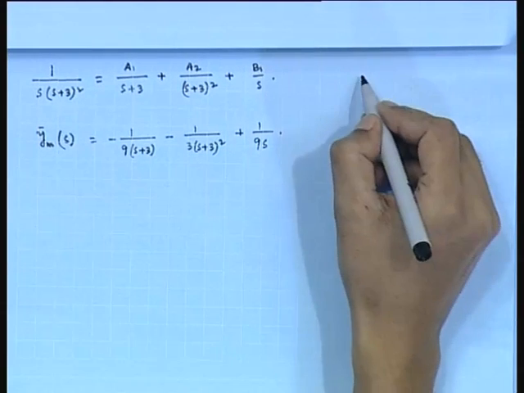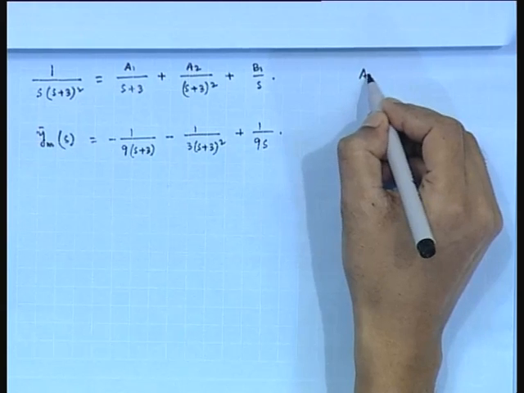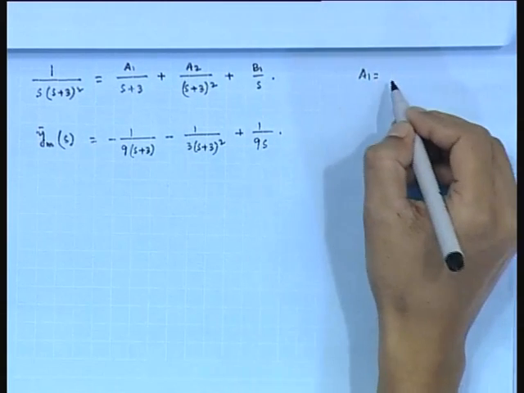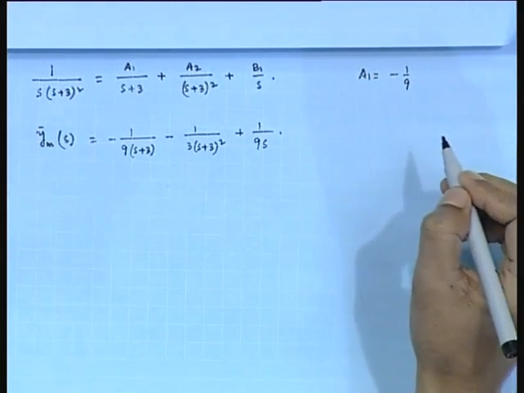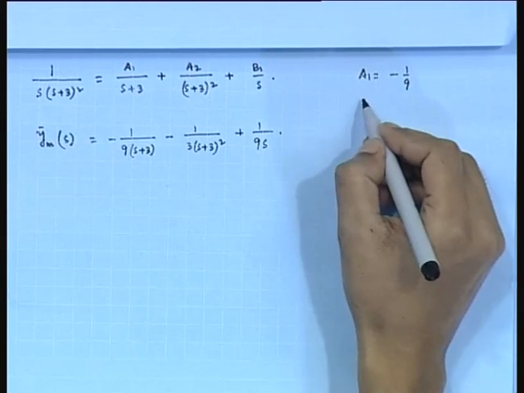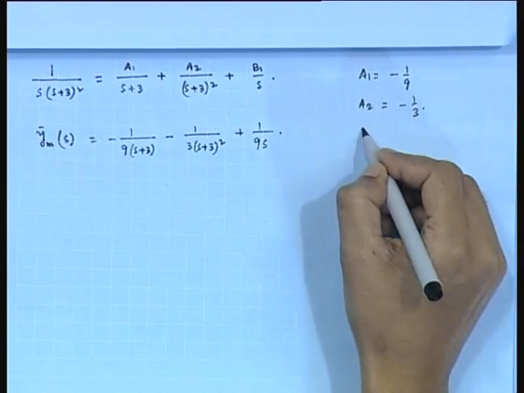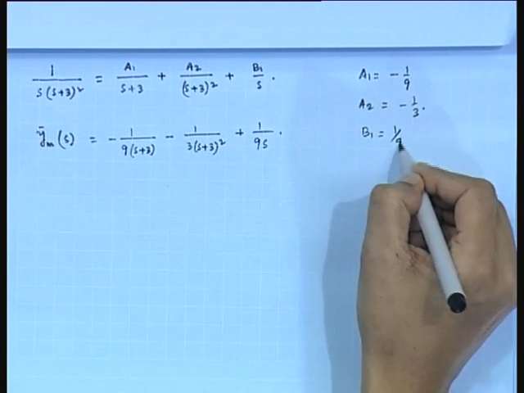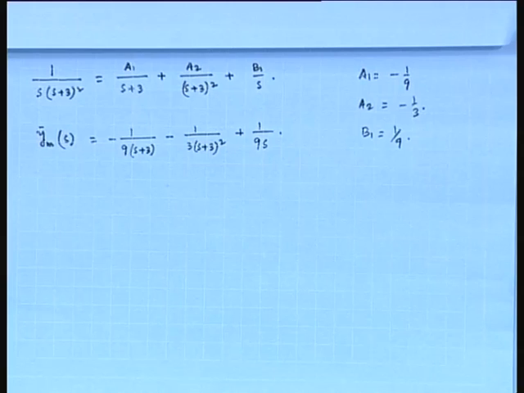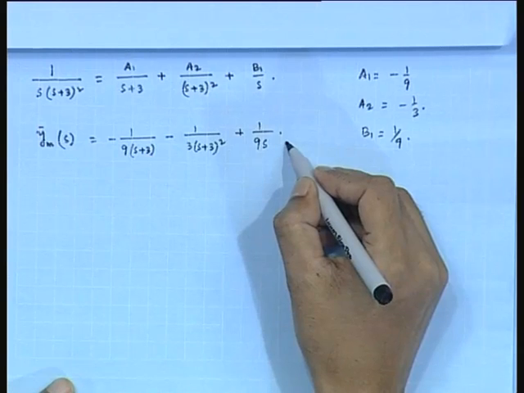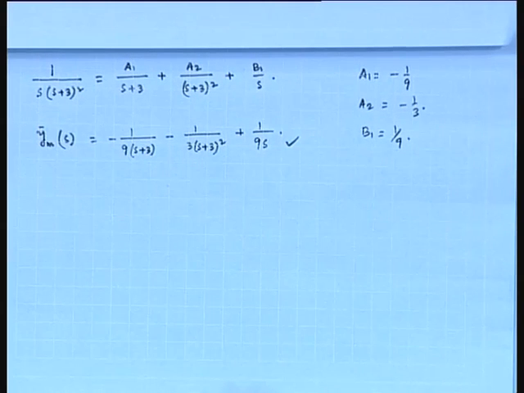That means we got a1 equals minus 1 by 9, a2 equals minus 1/3 and b1 equals 1 by 9. The determination of these coefficients is left for you. So, this is the ultimate form of ym bar.